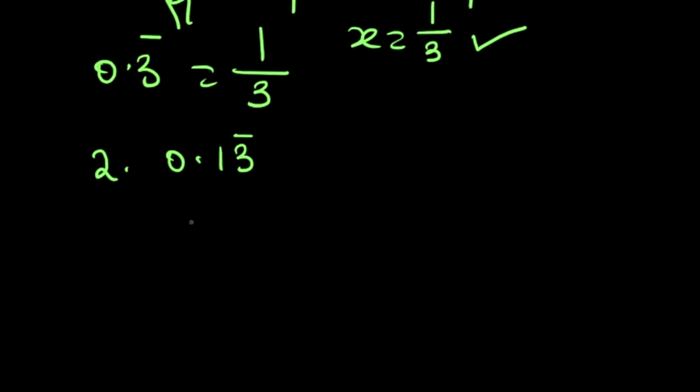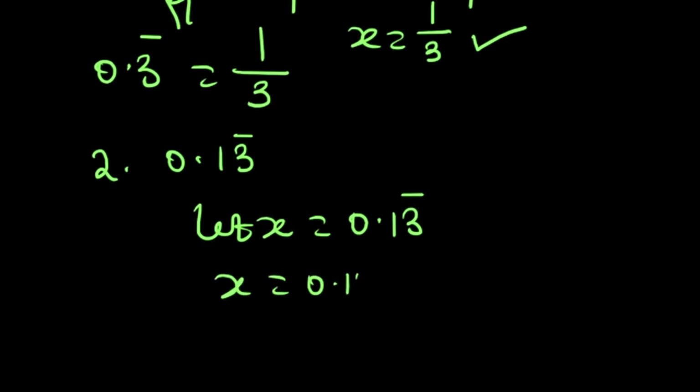I'm going to follow the same steps I used in the first question by saying let x be equal to 0.13 bar. Then I'm going to bring it down and say x is equal to 0.13 bar, and I'm going to call this my equation 1.